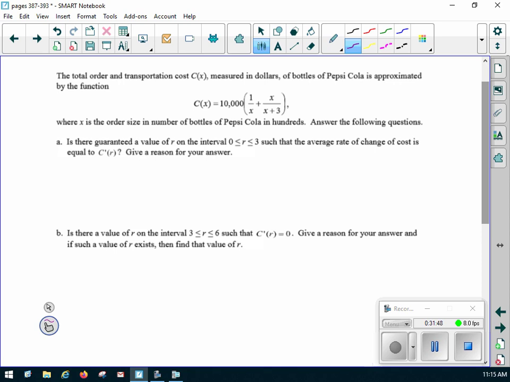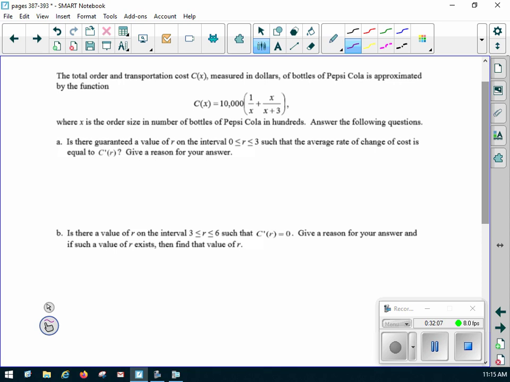What if X was 2? What does X equal 2 mean? 200 bottles. And if I let X equal 2, and I work through that expression, then that would tell me the total cost of 200 bottles of Pepsi. Total order and transportation cost.